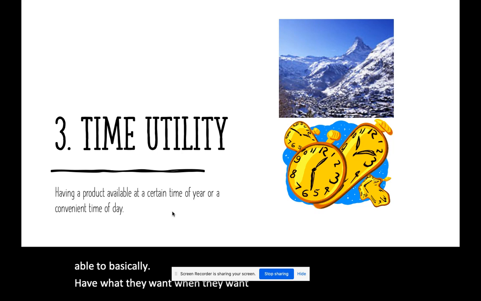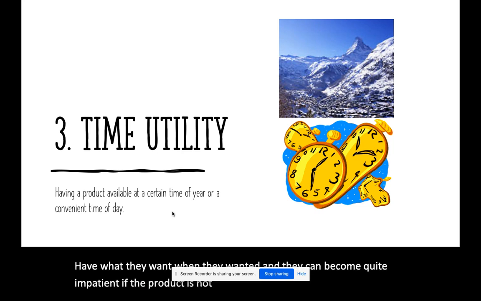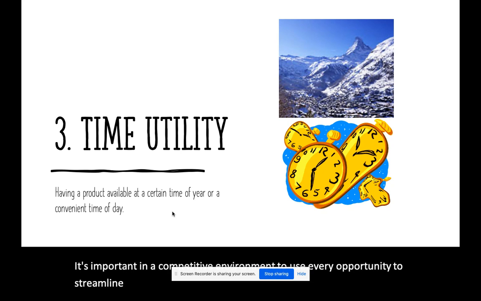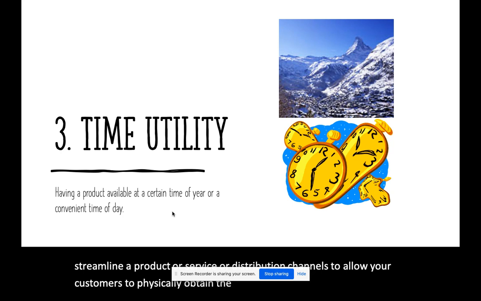And they can become quite impatient if the product is not available. So in a competitive environment, it's important to use every opportunity to streamline a product, service, or distribution channels to allow your customers to physically obtain the product as quickly as possible.